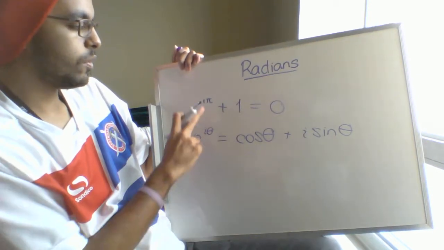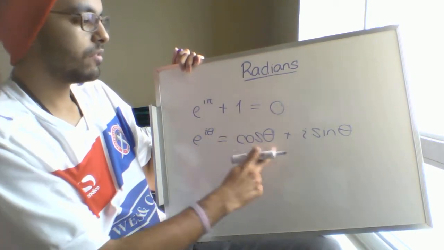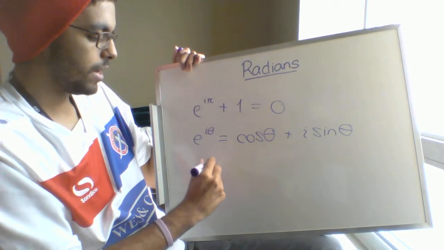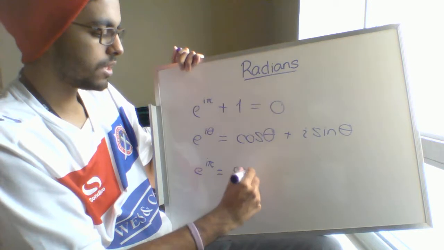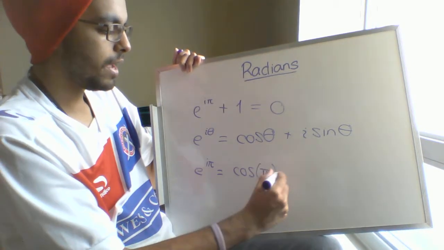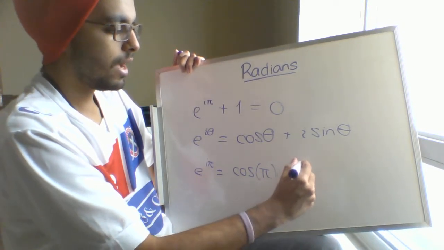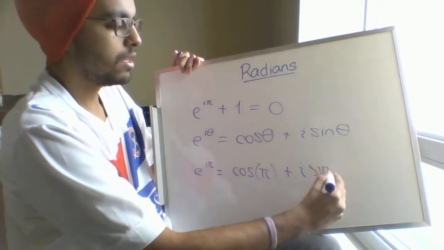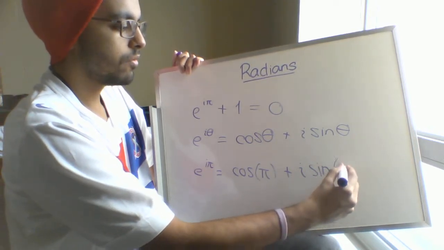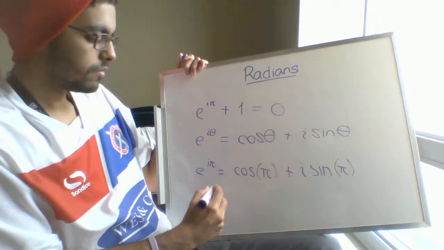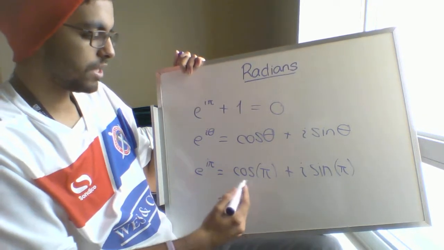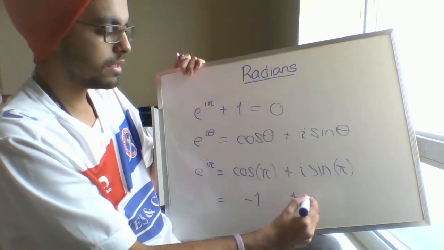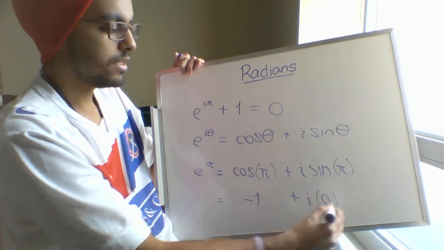And if you have a pi where this theta is, then you have to have a pi where those thetas are. So when you put in e to the i pi, you get cosine of pi plus i, which is the square root of -1, if you've forgotten, times the sine of pi. And then I told you that cosine of pi is -1 and sine of pi is 0.